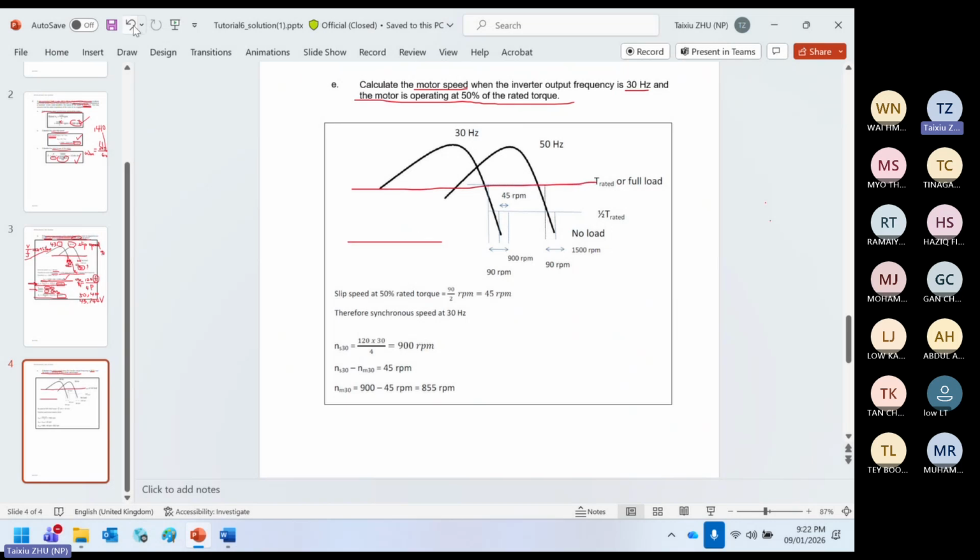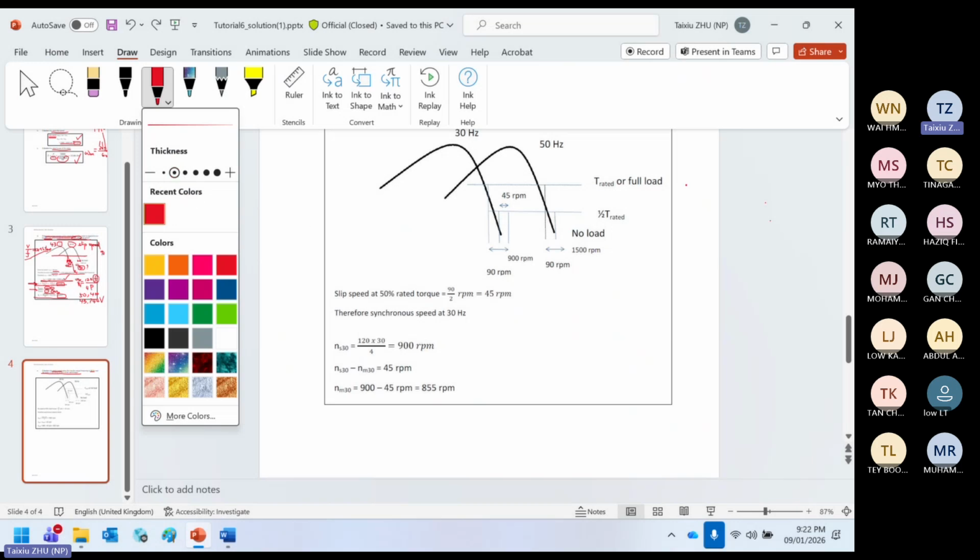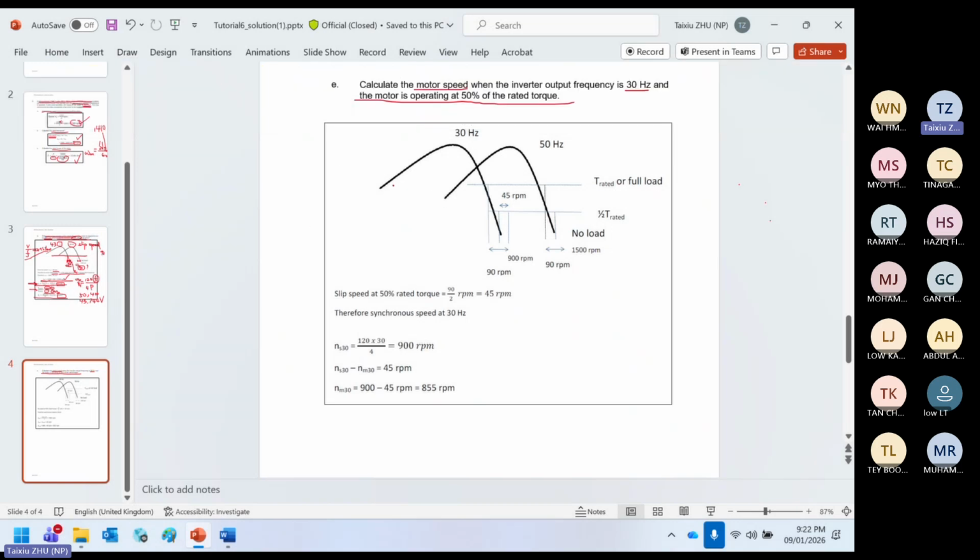No, wait a minute. I think I should draw a straight line. Now let me draw a straight line. At rated torque, it's here. The axis is here. But now you lower down the torque to half. That means between here and here they are equal, right? Because 50%.